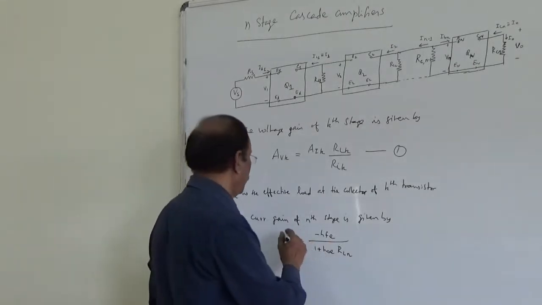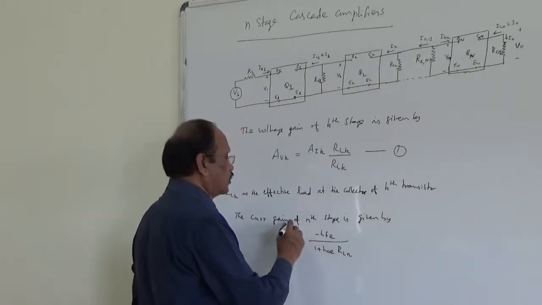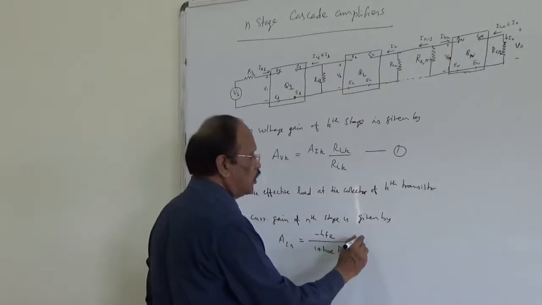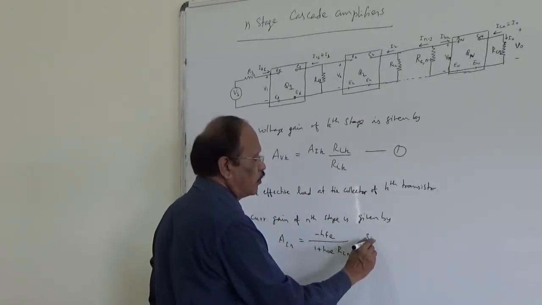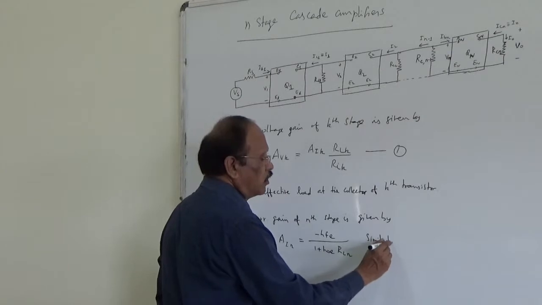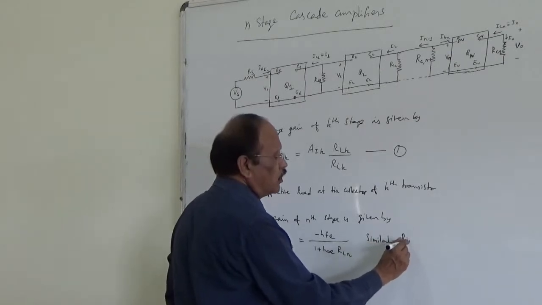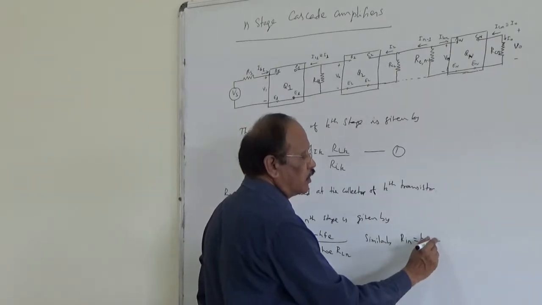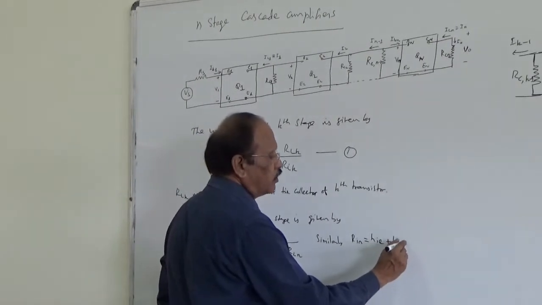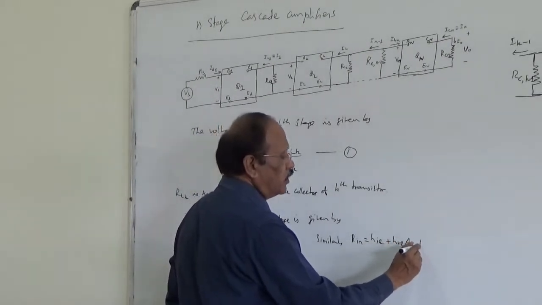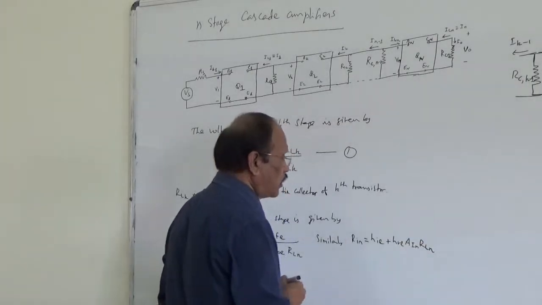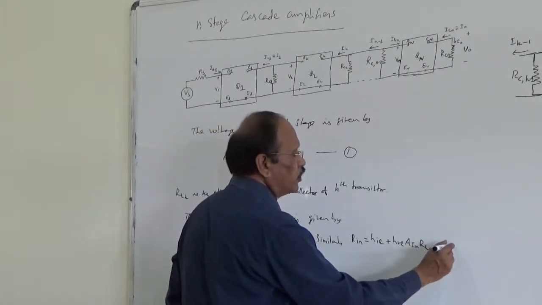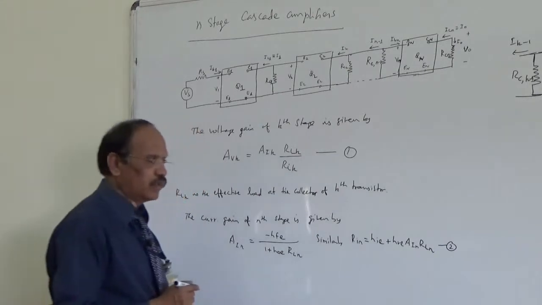Similarly, the input impedance of the nth stage is given by RIN equal to HIE plus HRE into AIN into RLN. You can take this as equation 2.